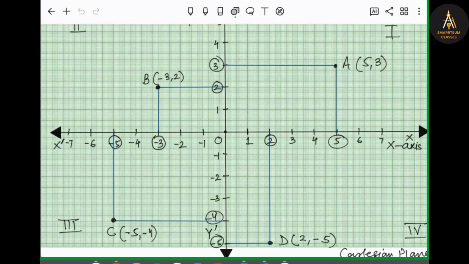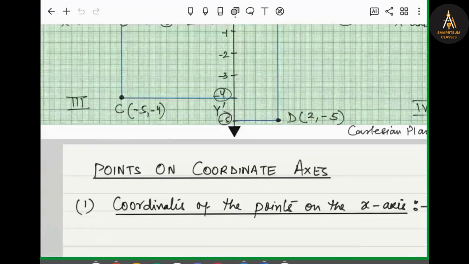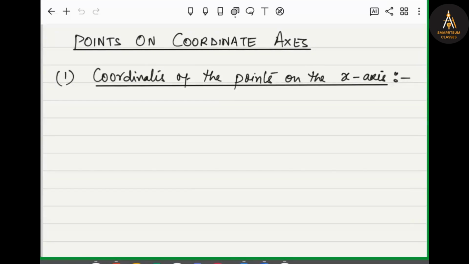So now in this topic, we are going to discuss what will be the coordinate of the point if they are on the coordinate axis. Means either the point is on the x-axis or on the y-axis. Okay, so let's see how to find the coordinate of the point if it is lying on the x-axis. So what will happen if the point is lying on the x-axis?